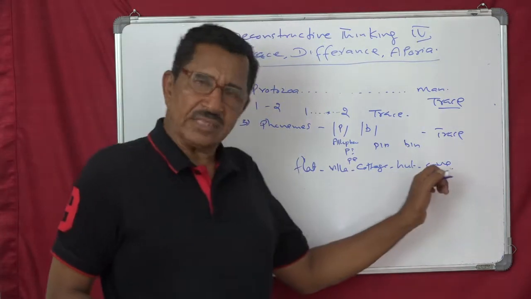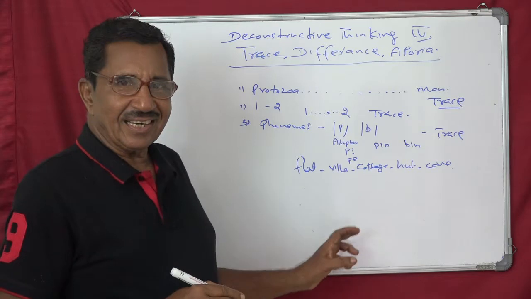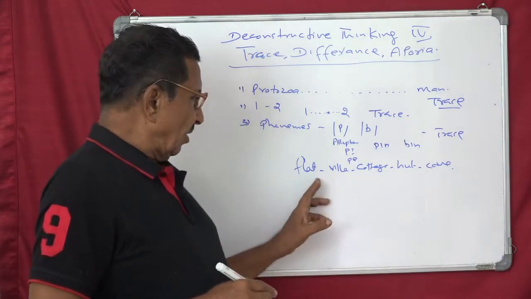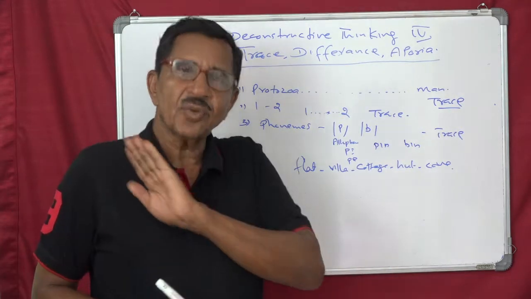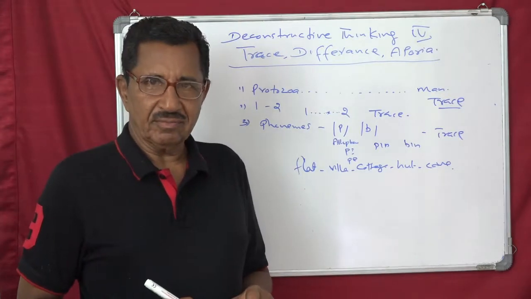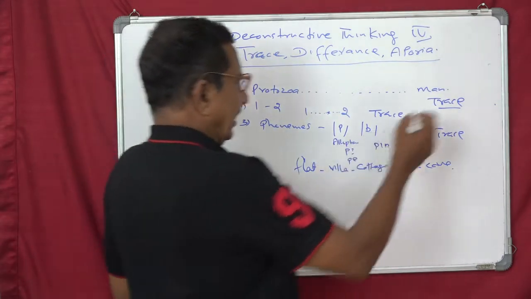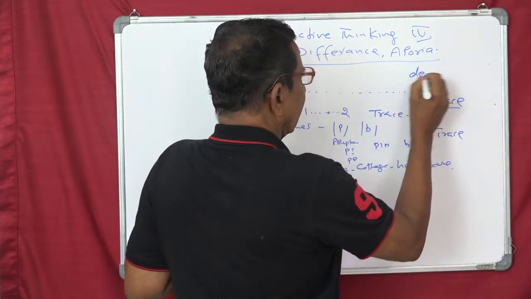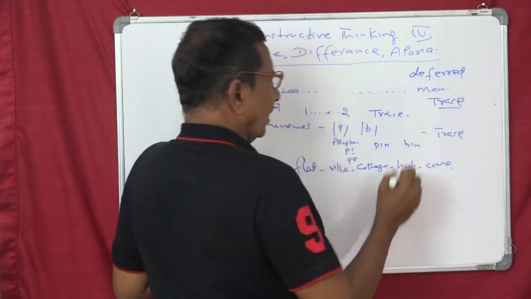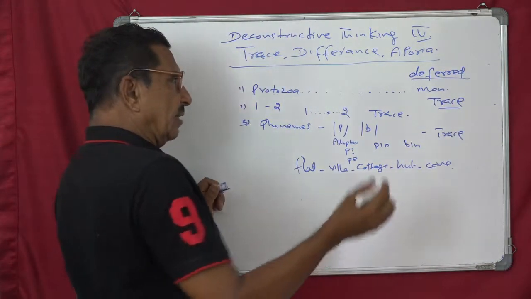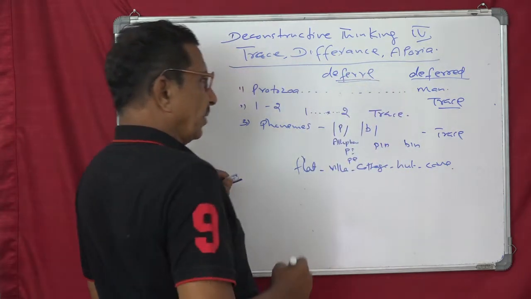But you will find that there is something common in them. The difference between flat and villa is not complete or absolute. The trace is deferred. In all these you will find that the trace is deferred. Deferred comes from the Latin word deferre. Deferre means postpone.